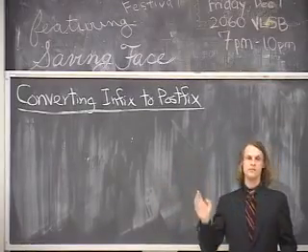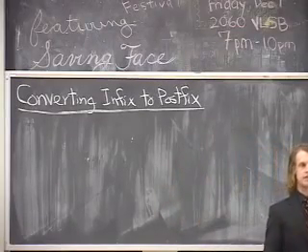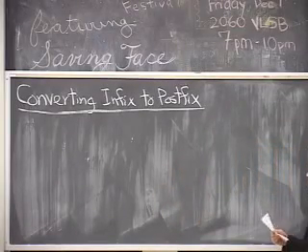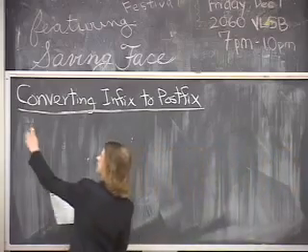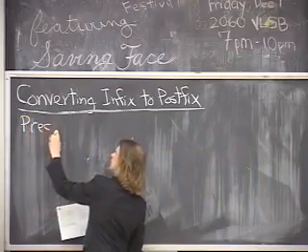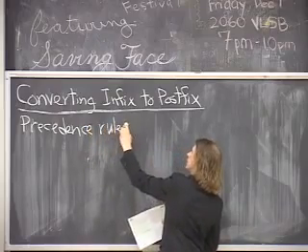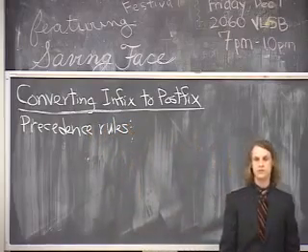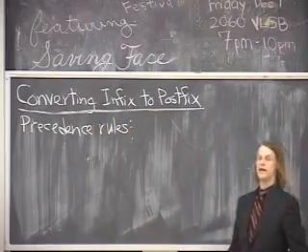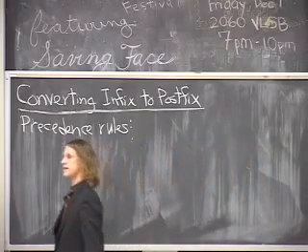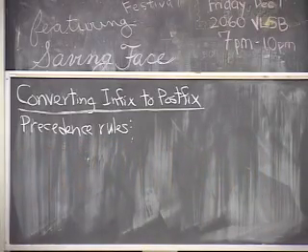Now, one of the things that makes infix painful is the fact that it has precedence rules. And the precedence rules can get really complicated in languages like Java, which has a really complicated set of precedence rules.